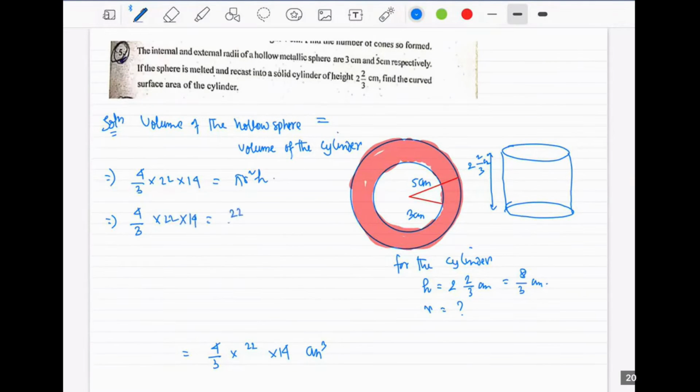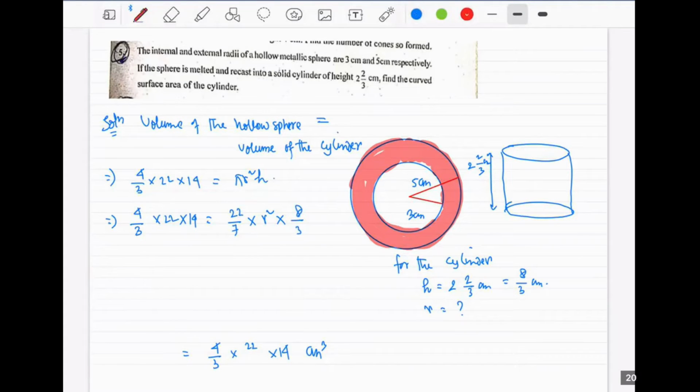So this will be 22 by 7. We don't know the radius of the cylinder, right? We only know the height. The height is 8 by 3 centimeter, but we don't know the radius. So you just have to keep it as r square. Our goal is to find out the r. H is how much? It's 8 by 3.